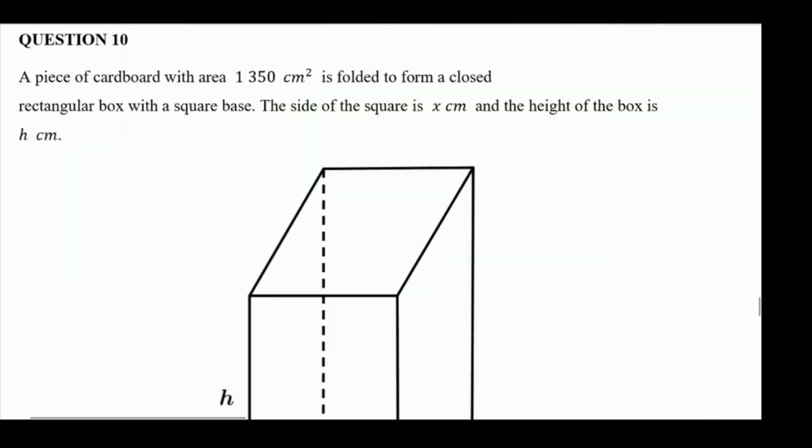We're going to do question 10, where we are given a piece of cardboard with an area of 1,350 centimeters squared, folded to form a closed rectangular box with a square base, right? The side of the square base is x centimeters and the height of the box is h centimeters, right?